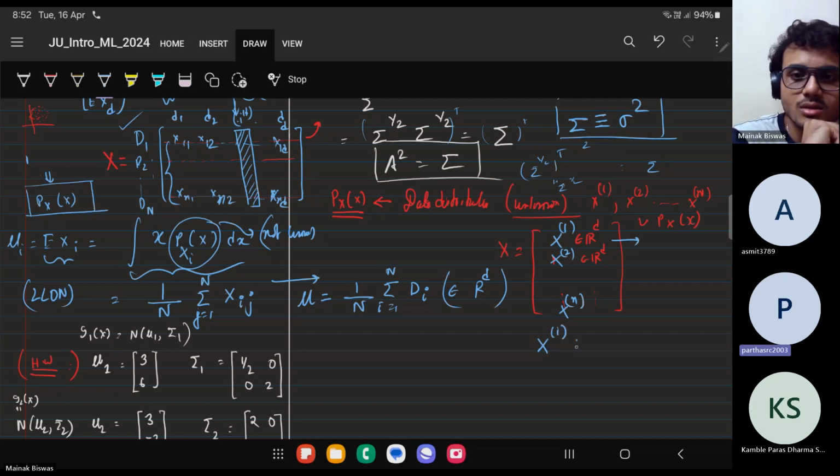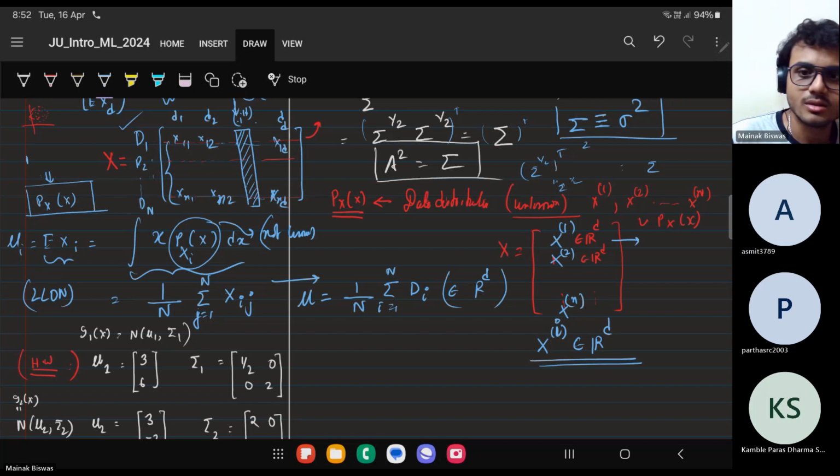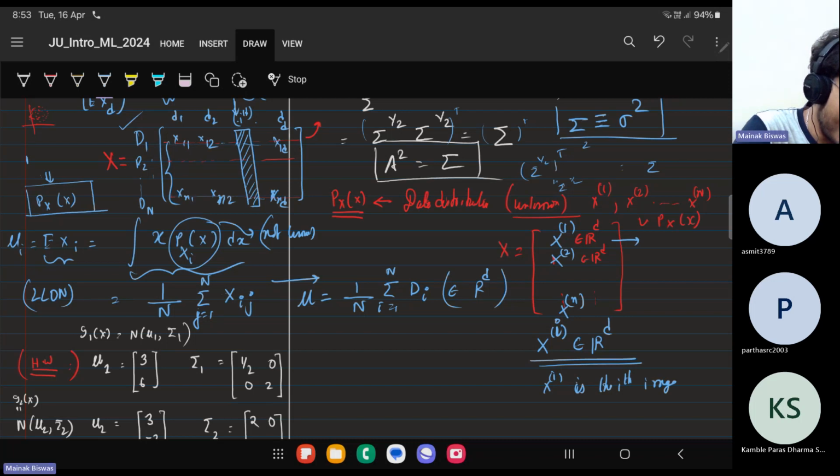Features and Di are all those data points. Xi I have written as a d-dimensional vector, like one image. Xi is the ith image, so xi1, xi2, dot dot dot.